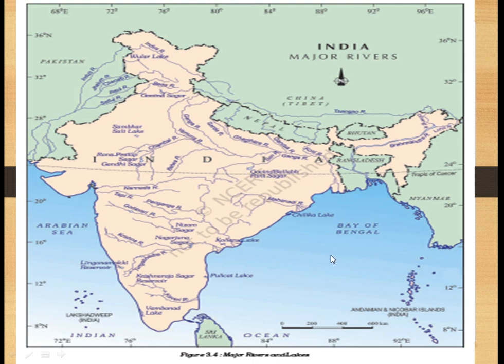Just like Damodar river, Krishna river, Godavari river, Tapi river, Narmada river. Please see it, plus Sambhar lake, Chilika lake, Wular lake; all the lakes you also have to see properly. This is given in chapter number 3, figure 3.4, major rivers and lakes.